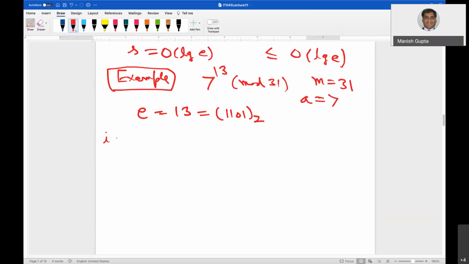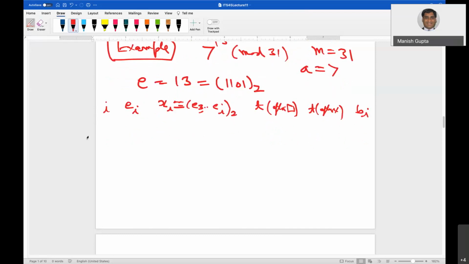So we have i, exponent, t after square, t after multiplication, and the value of bi. So we need to look at the value of bi all the time. When i is 4, ei is not used here.